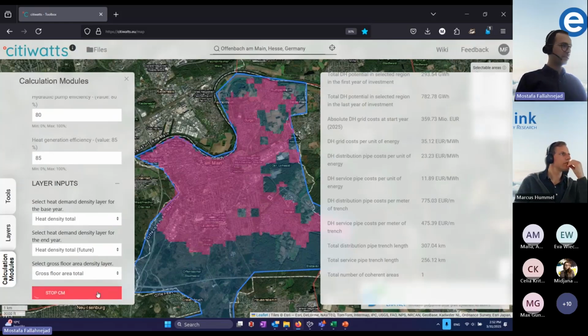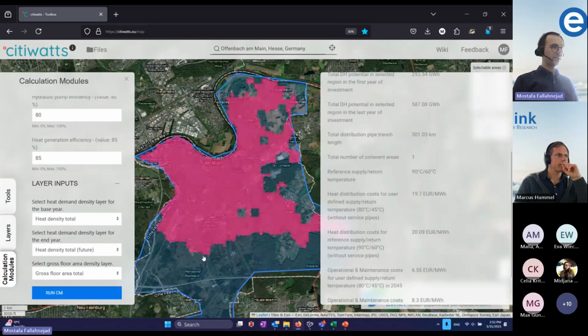Once you run the CM, basically you should get, similar to economic assessment, a layer here, but on top a comparison of CapEx and OPEX. So let's wait for a second. Now I have the result here. As I said, if you provide a similar set of input parameters, you get the same regions.